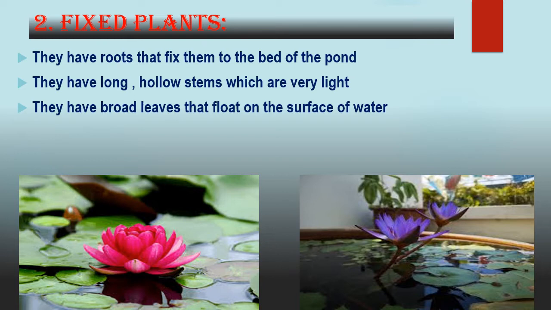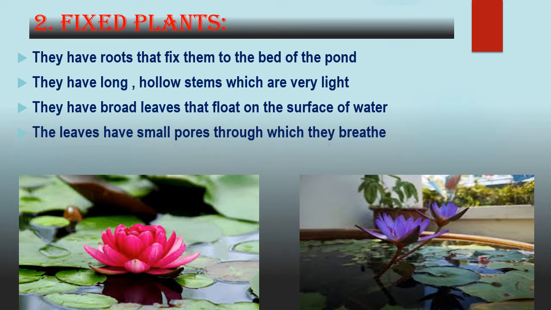So both their leaves and their flowers float on the surface of water. The leaves have small pores through which they breathe. Like the exchange of gases takes place through the small pores on their leaves.